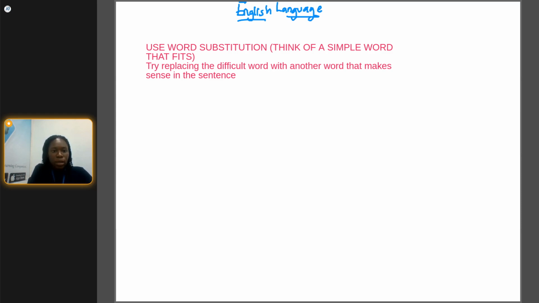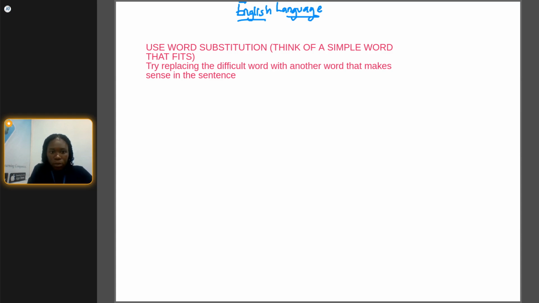So, how do we substitute? If the option we are looking at is to substitute, how do we substitute?